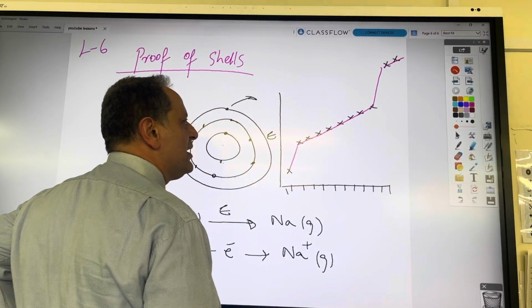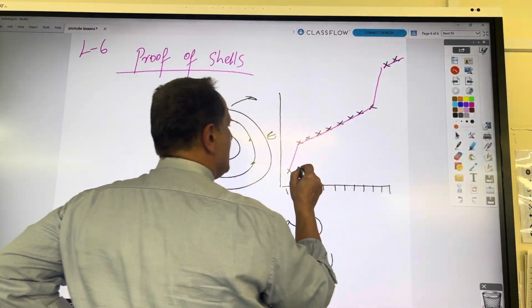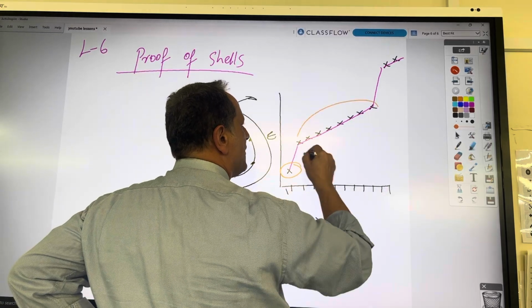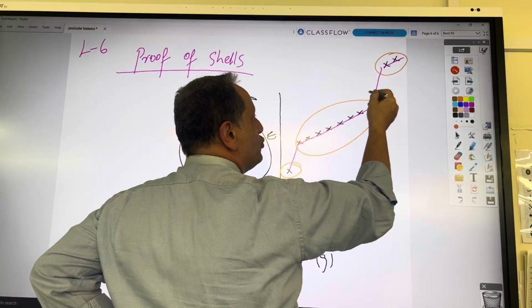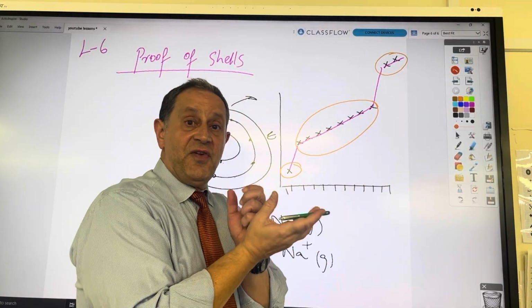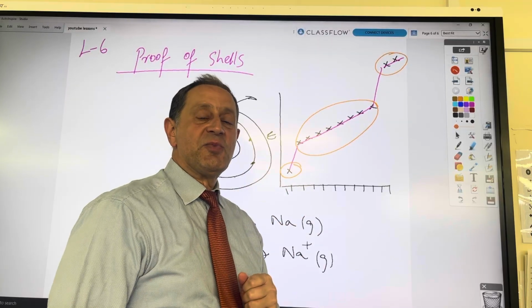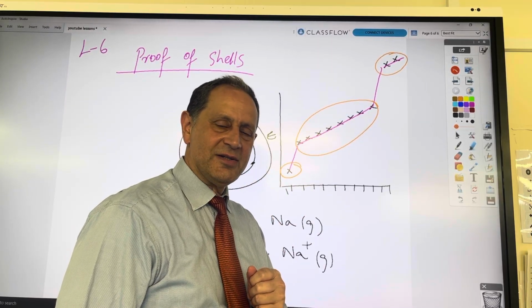So what is happening? What are we seeing here? What we are seeing here is that there are 3 distinctive clusters of electrons, yeah? And then there are 2 jumps between them. 3 different clusters of electrons means this element has 3 shells, right?